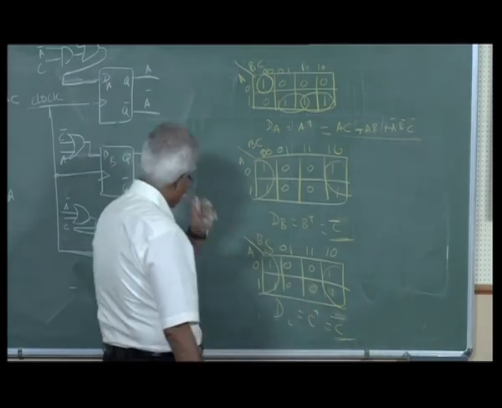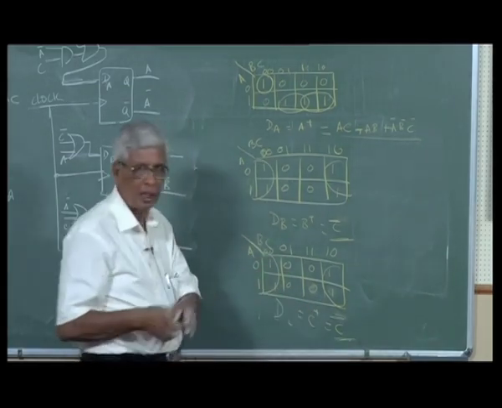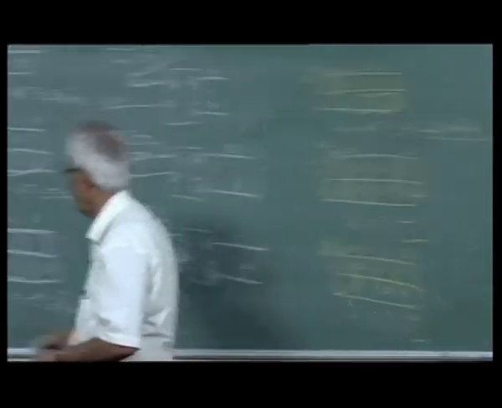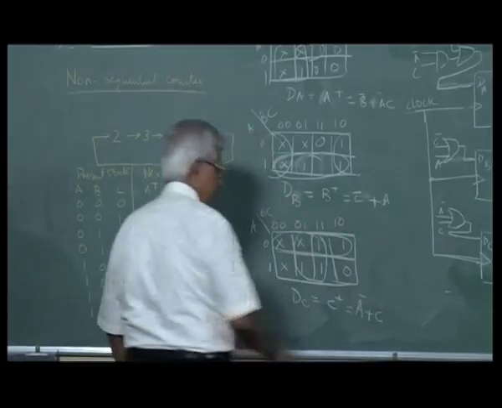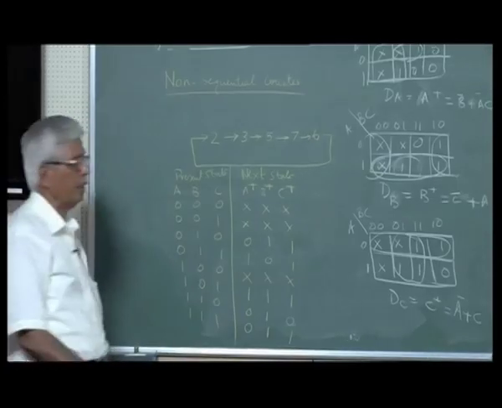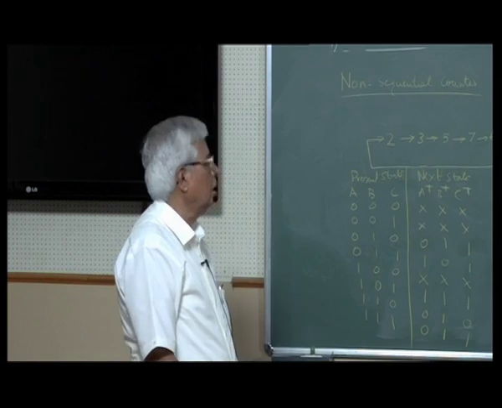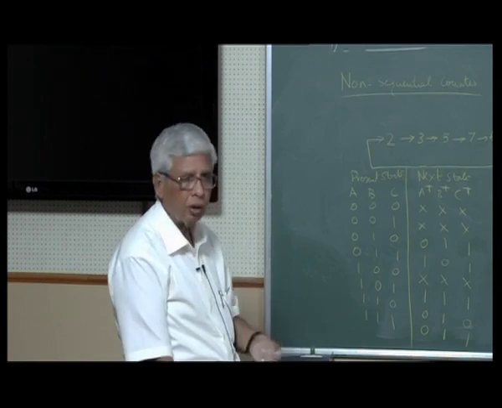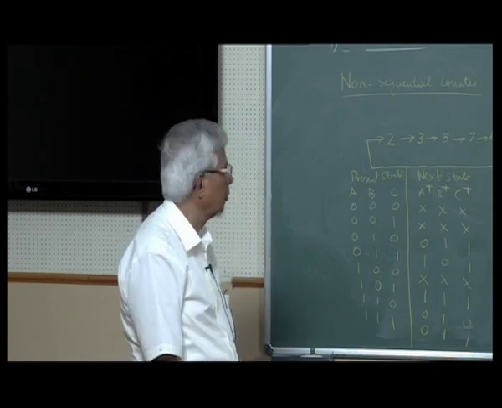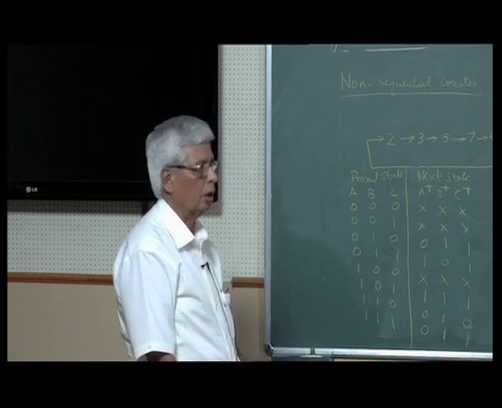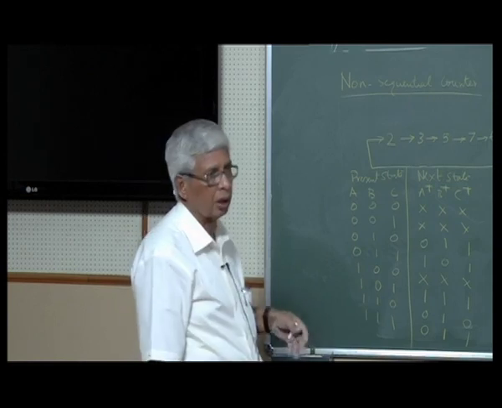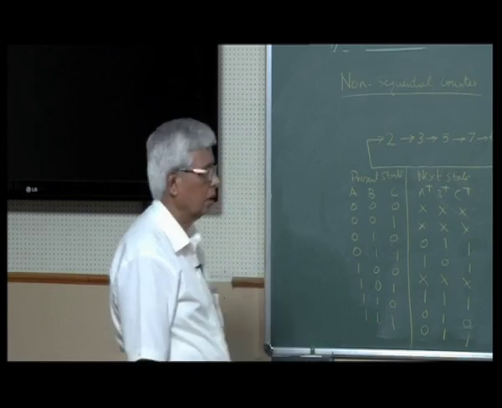That is one thing. A JK flip flop is slightly more complicated, but it is very easy because we find a large number of don't care states in that. So you can either use a JK flip flop or a D flip flop and get whatever count you want: up counter, down counter, arbitrary counter, arbitrary sequence counter or non-sequential counter.